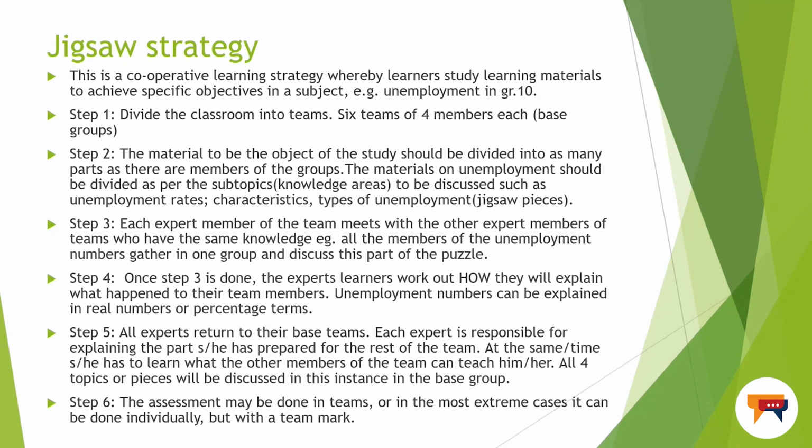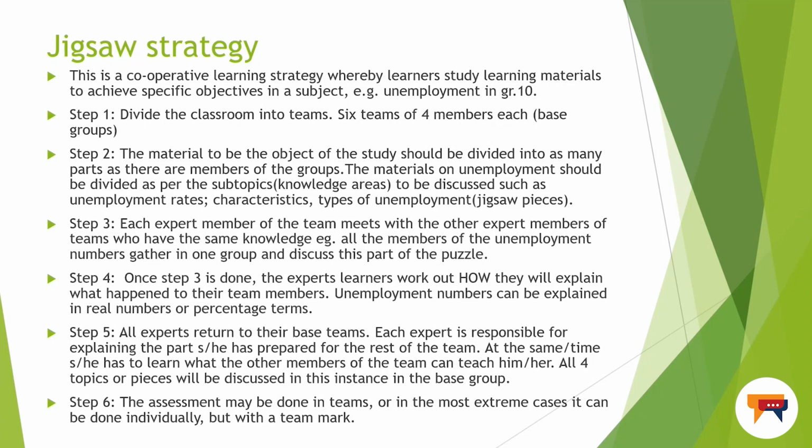Then in step 5, all the experts return to their base teams. In other words, the expert for unemployment rates, the expert for characteristics, the expert for the types of unemployment, they return to their base teams that we formed in step number 1.